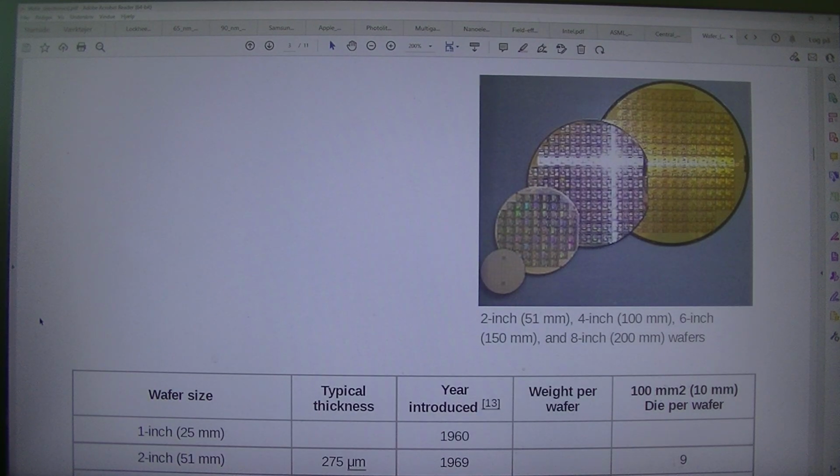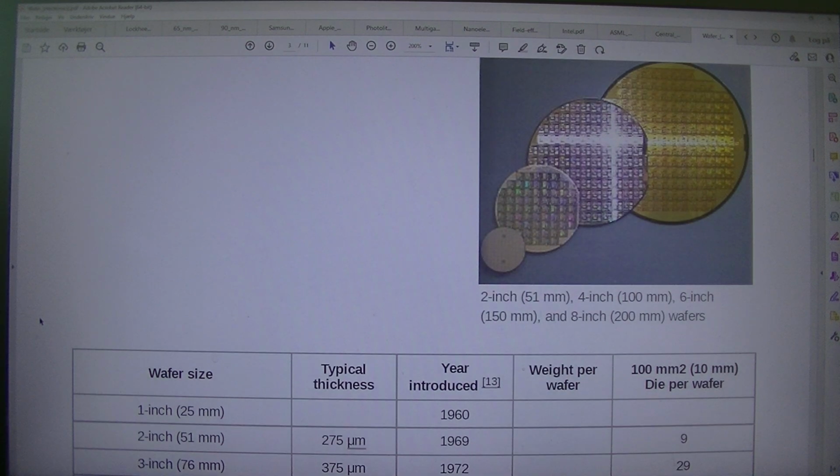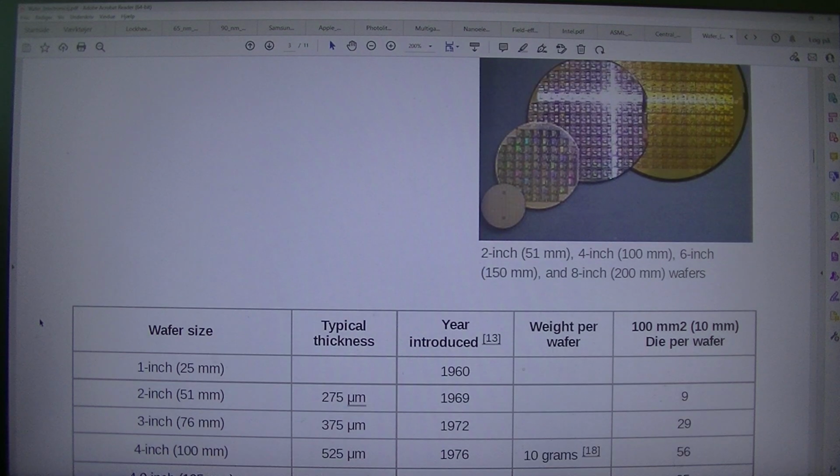2-inch, 51 mm, 4-inch, 100 mm, 6-inch, 150 mm, and 8-inch, 200 mm wafers are introduced.